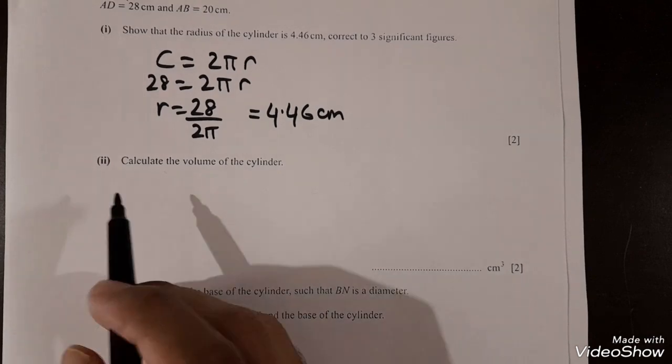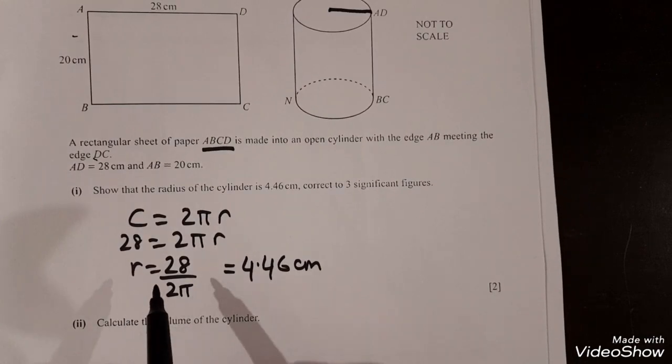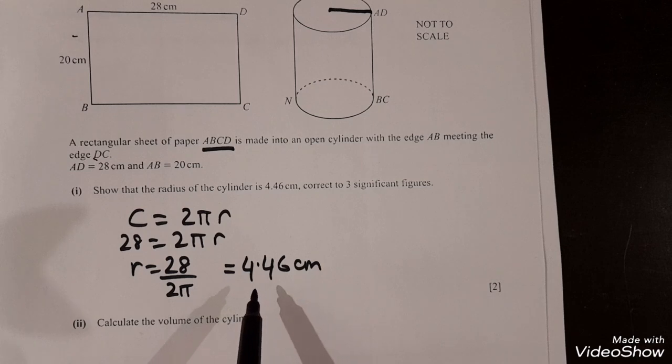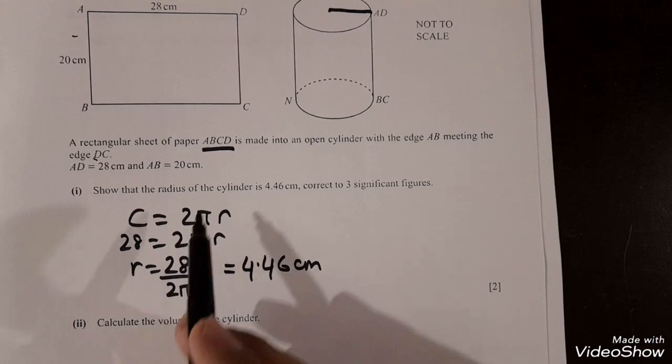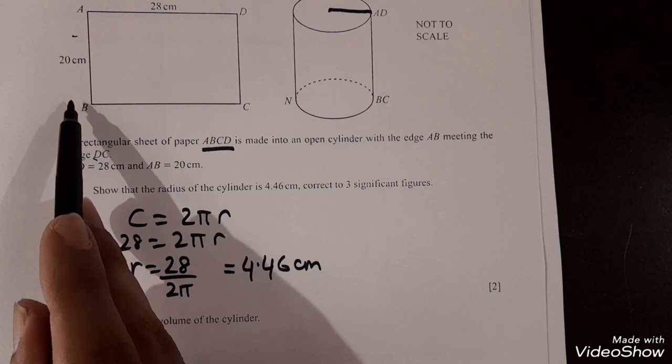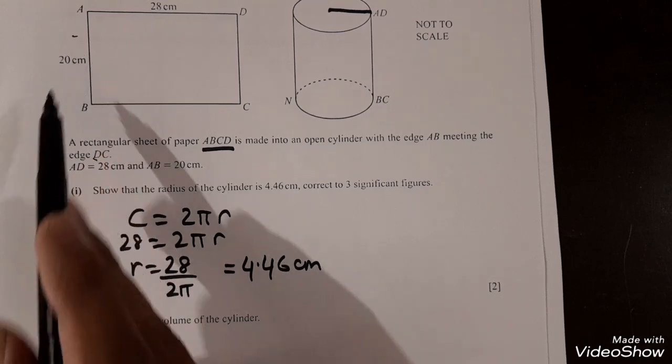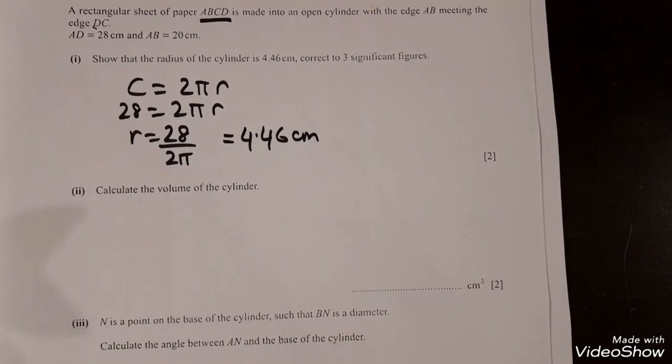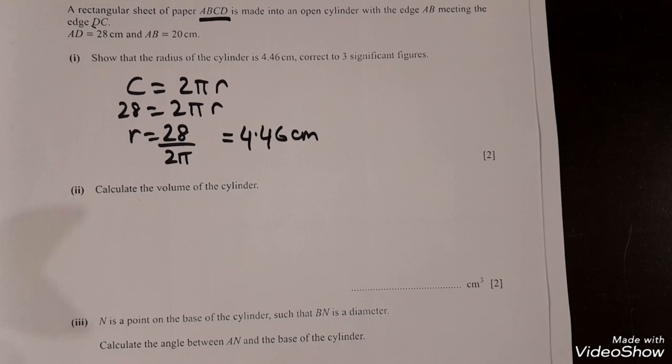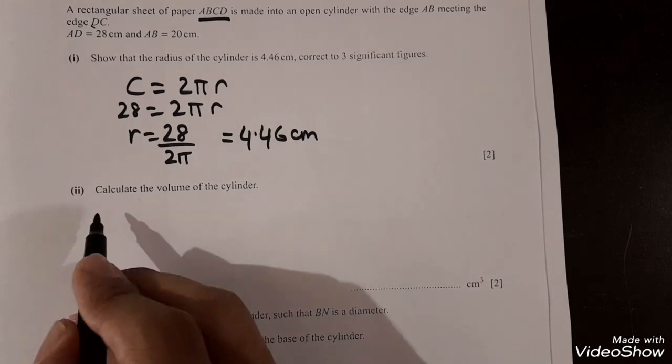Over here we have the radius and we have the length of 20 centimeters from AB. So we will write the formula of the volume.